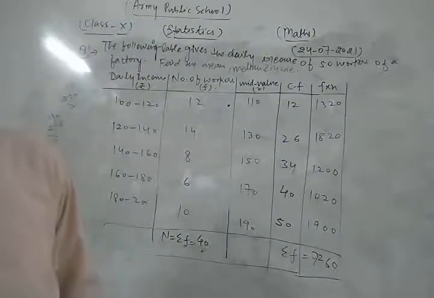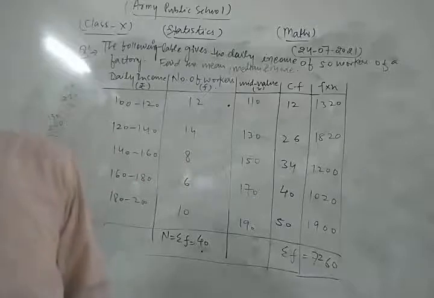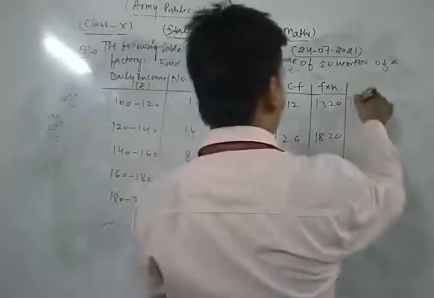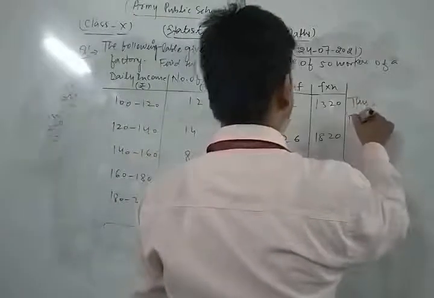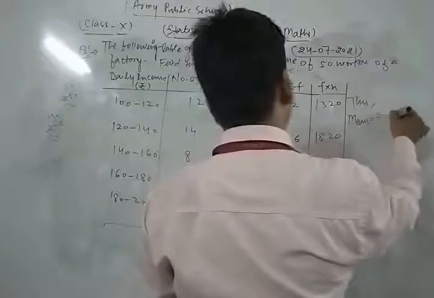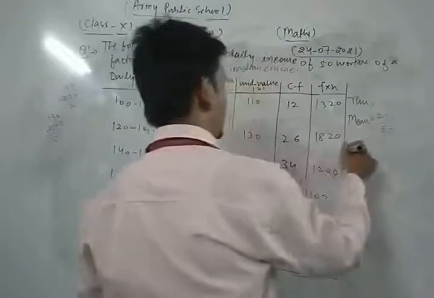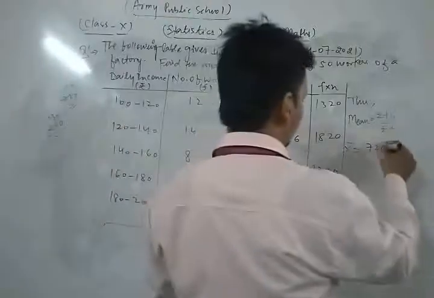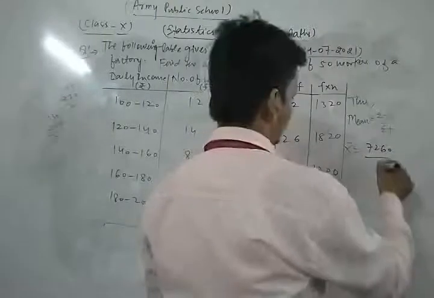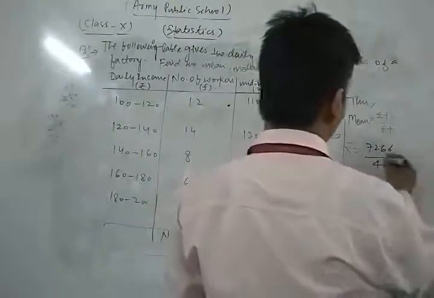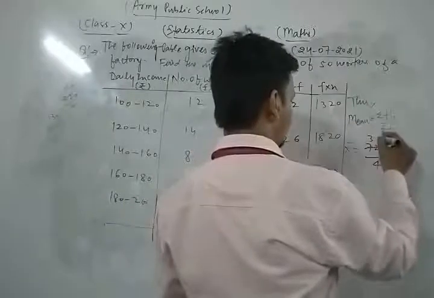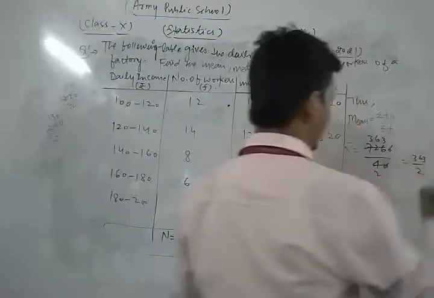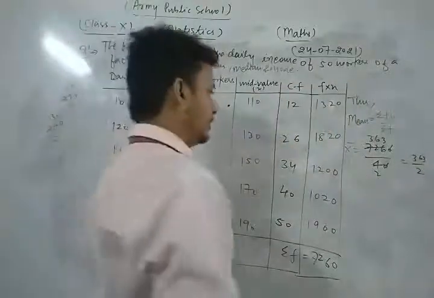So mean is equal to sigma fx upon sigma f. The value of sigma fx is 7260, upon sigma f, which is 50. The zeros cancel. 363 upon 2.